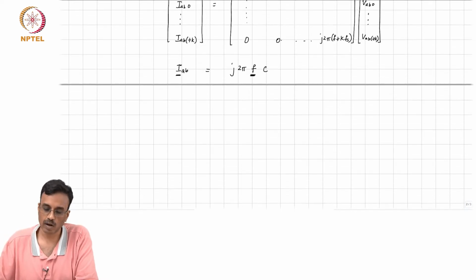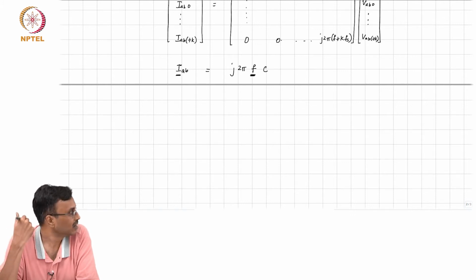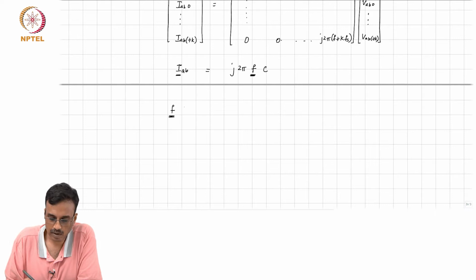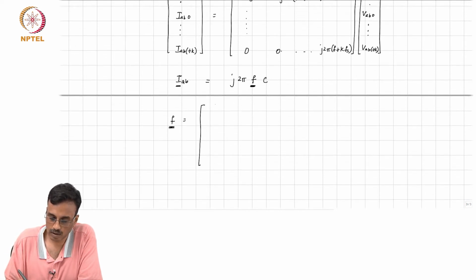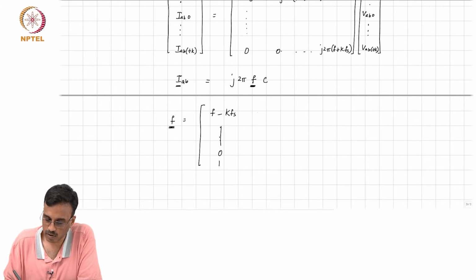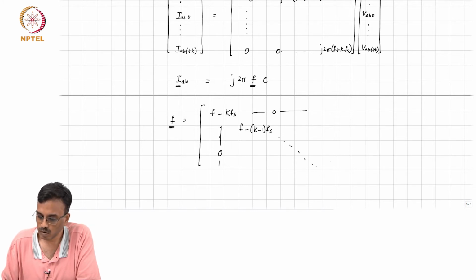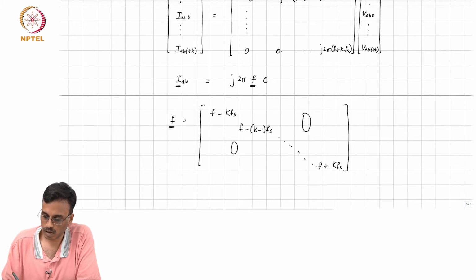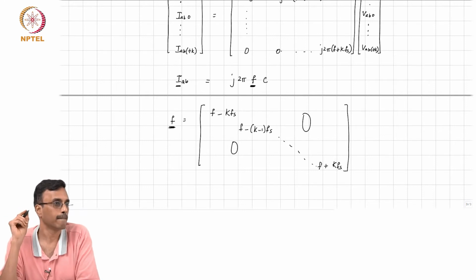This is analogous to a time invariant network, where you would see j 2 pi, the scalar f, times C. Now you see a matrix F, which is nothing but f minus K Fs, the rest of it is 0, f minus (K minus 1) Fs, all the way up to f plus capital K Fs. Does it make sense?